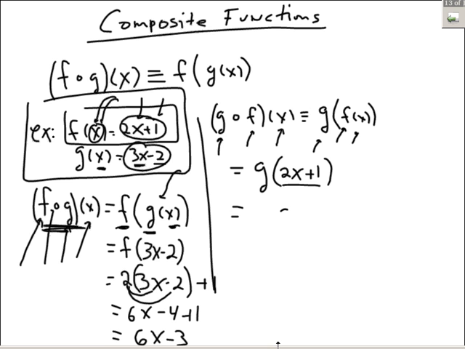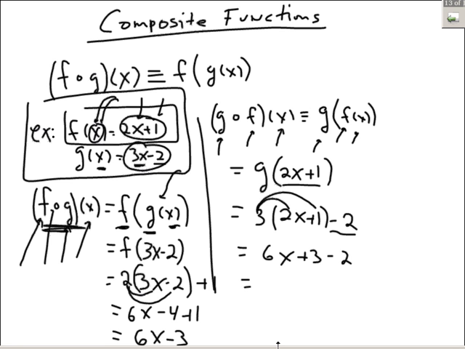So for g of this, I'm going to multiply it by 3 and take away 2, and we get 6x plus 3 minus 2, which is 6x plus 1. But I should state the domain. Maybe x can't be 4, for example, but that's coming up.